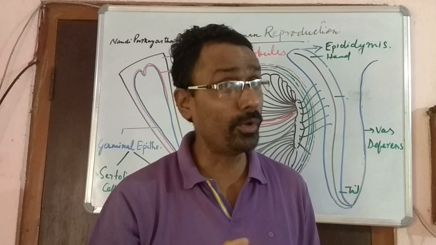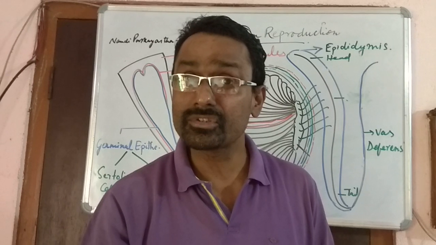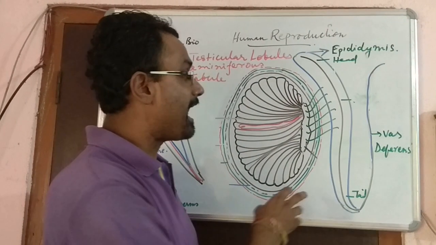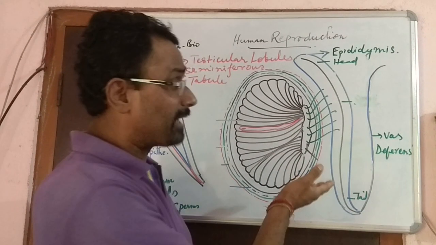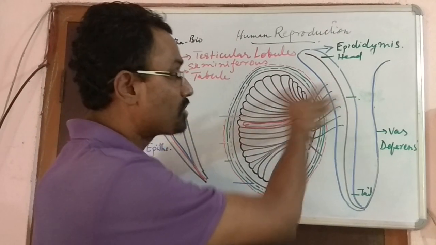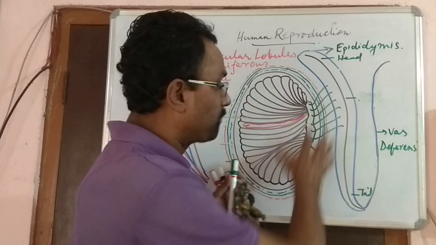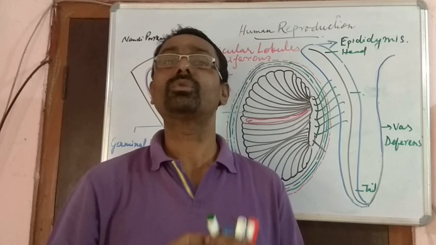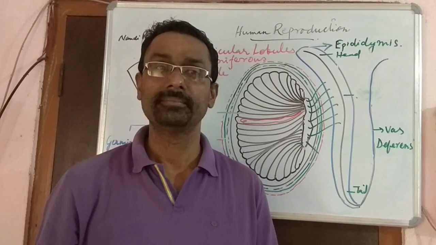This seminal fluid has calcium, various types of enzymes, and other materials coming from there. So semen is a fluid containing sperm along with all these products coming from this portion, and ultimately it comes out through the penis, to the exterior. Thank you.